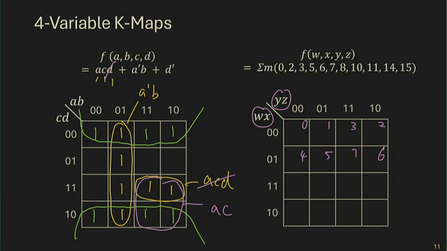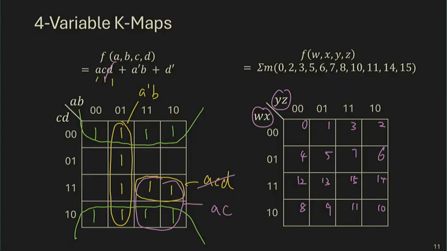And then 8 would be 1000, that is at the bottom. 8, 9, 10, 11, 12, 13, 14, 15. That's how we identify the decimal representation for each cell in the Karnaugh map.